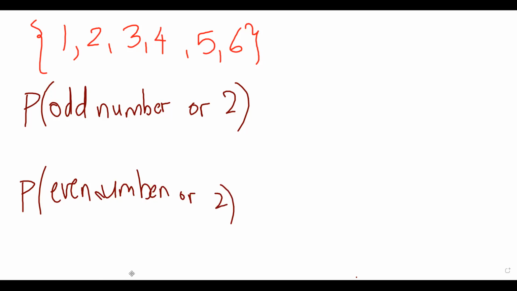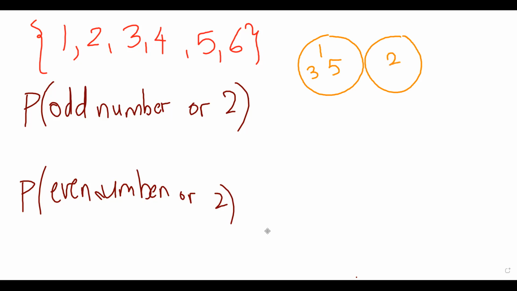Now, the first case: we have two events, rolling an odd number and rolling 2. If I want to represent it by the Venn diagram, we have two circles. Odd numbers are 1, 3, or 5, or choosing number 2.